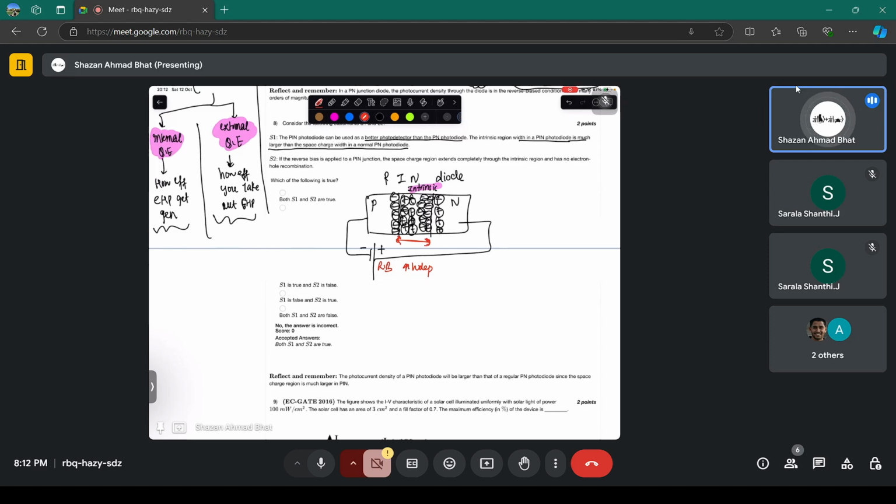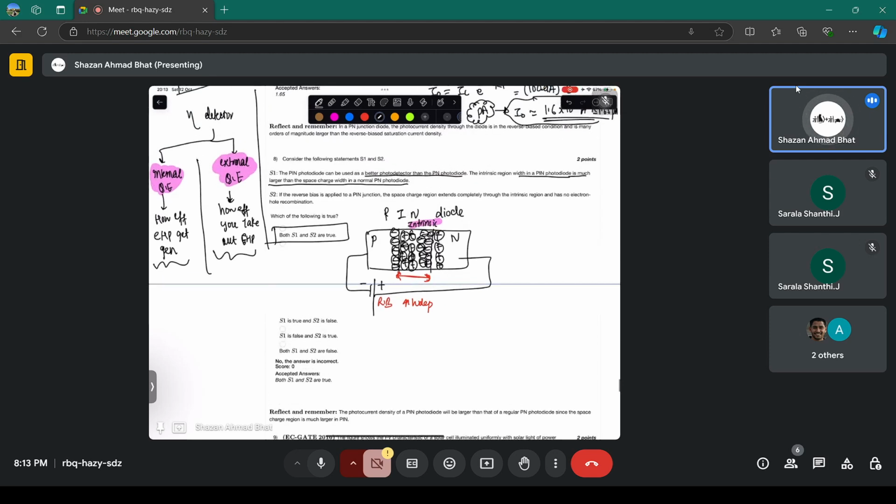If you have the entire region as a depletion region, that is one of the best ways to separate electron hole pairs, because you know there will be an internal electric field present in it, and that internal electric field can give rise to the separation of the electron hole pairs. So both of these statements are correct, and they are supporting each other.